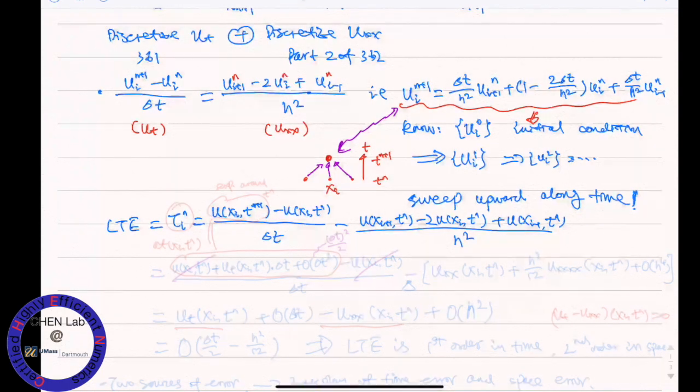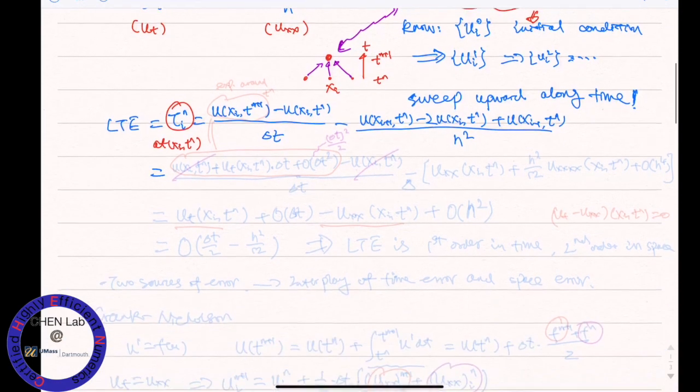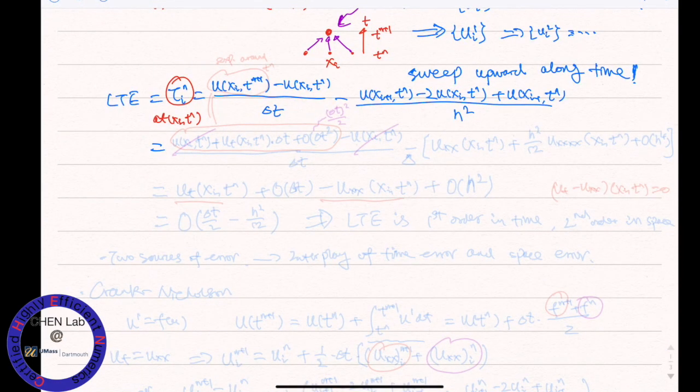Because tau i n is at (xi, tn), that's the starting point of our Taylor expansion. Which means when we do Taylor expansion, we should expand around tn for the time terms, and then the next group expand around xi.